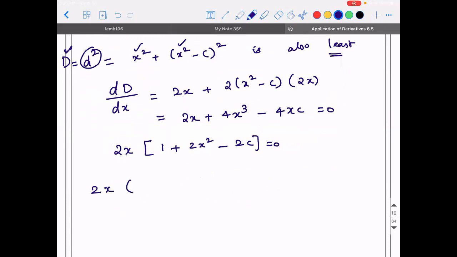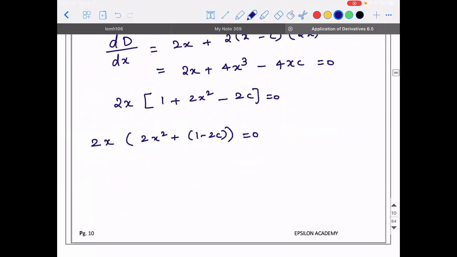Into x into 2x square plus, I can write this as 1 minus 2c is equal to 0. Guys, are you able to understand what I did? Now see, x can be equal to 0 or 2x square can be equal to 2c minus 1.